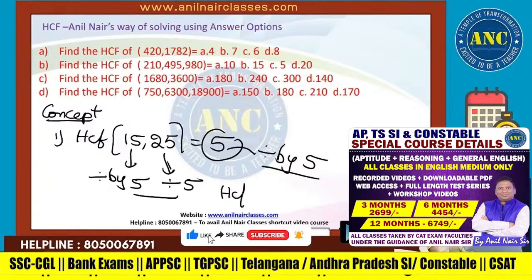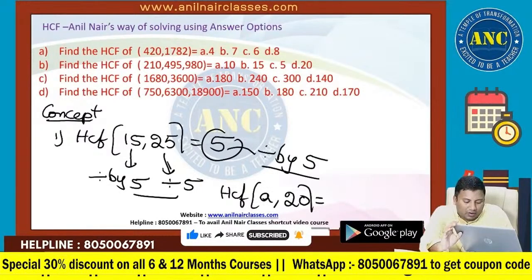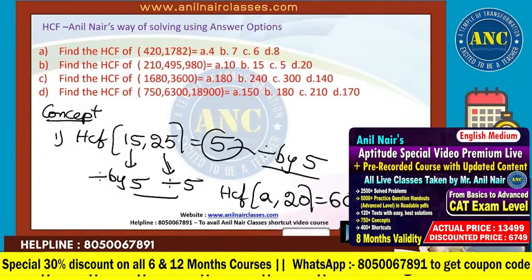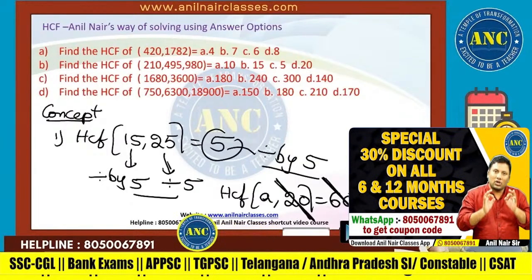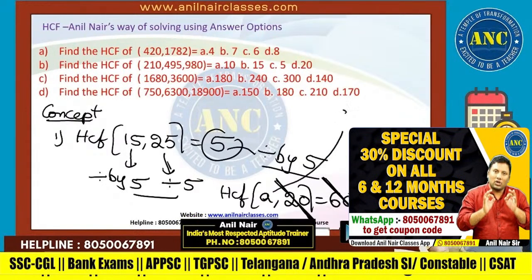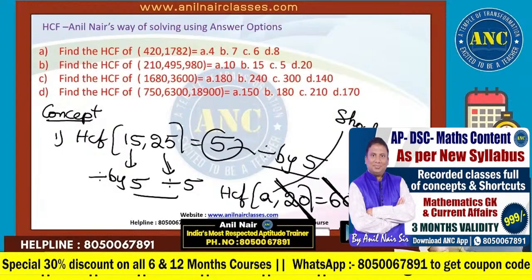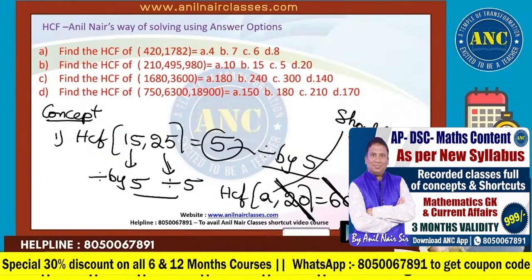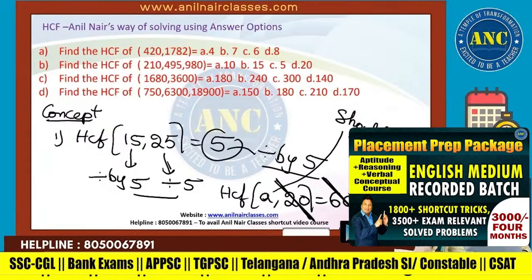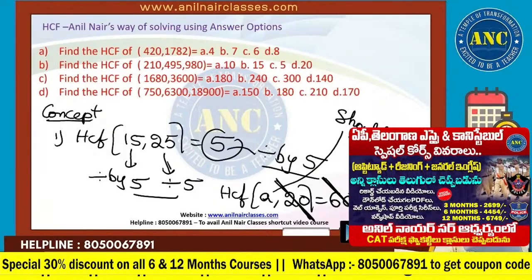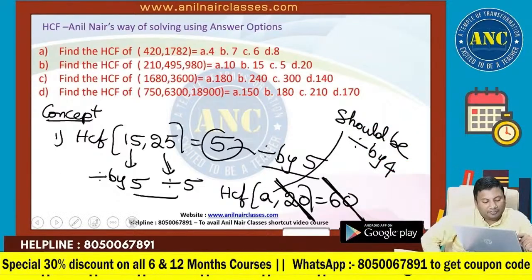Another way: HCF of a and 20 is equivalent to 60. If this is divisible by 4 and this is divisible by 4, a should be divisible by 4. Please write down this point: a should be divisible by 4. Again, HCF of 15 and 25 is 5.